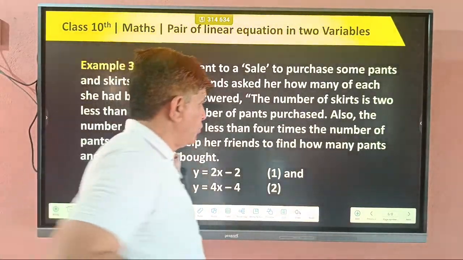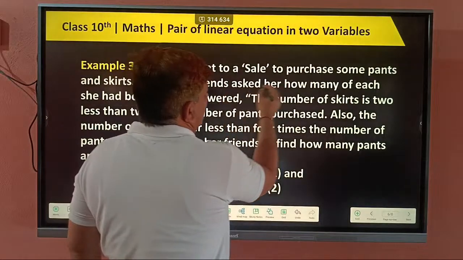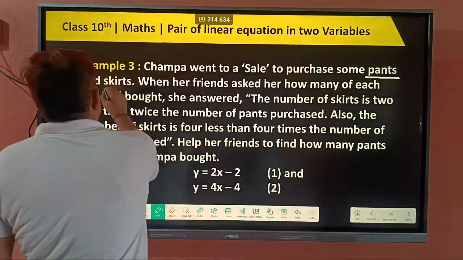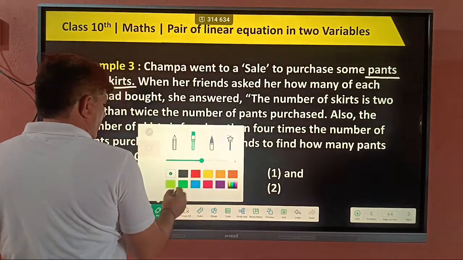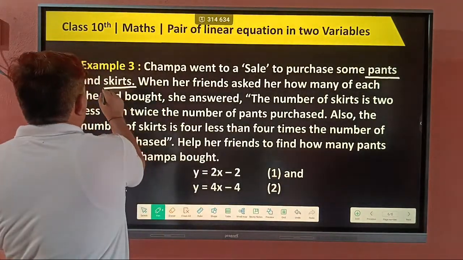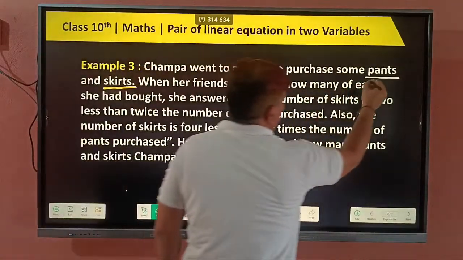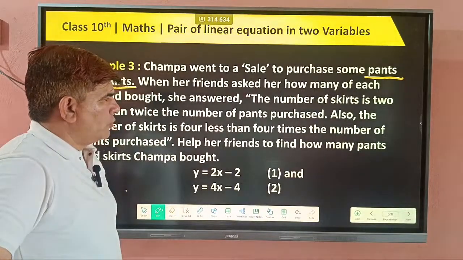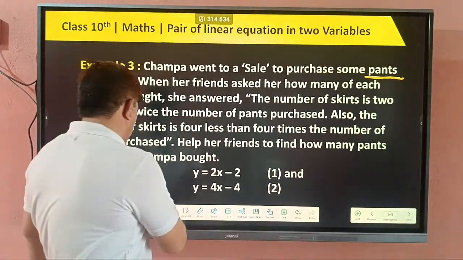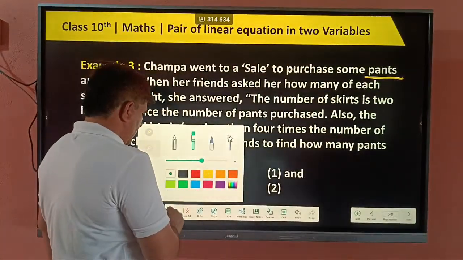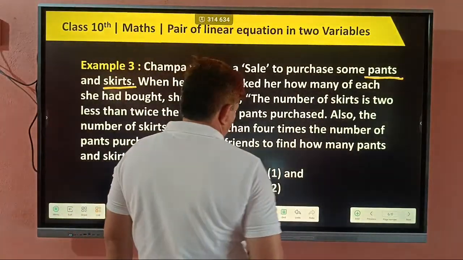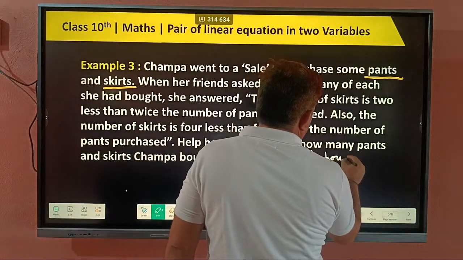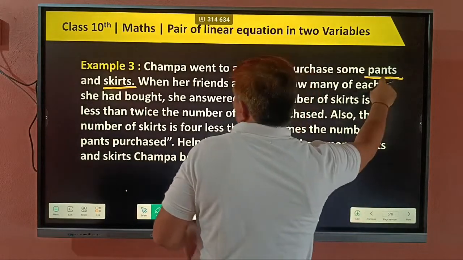In this type of question, what is given? She purchased some of this and this, two things. Yes or no? This is given. Understood? So what can you say? You can say like this: let the things she bought be, first, pens and scripts.